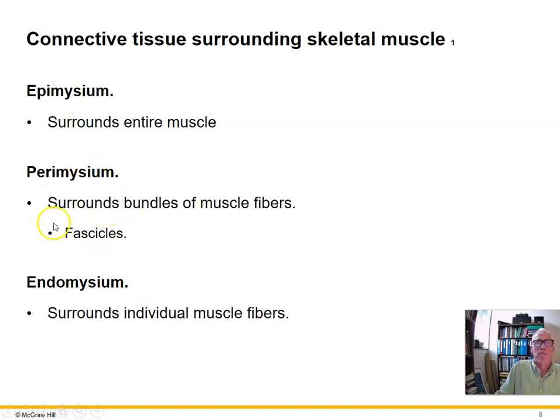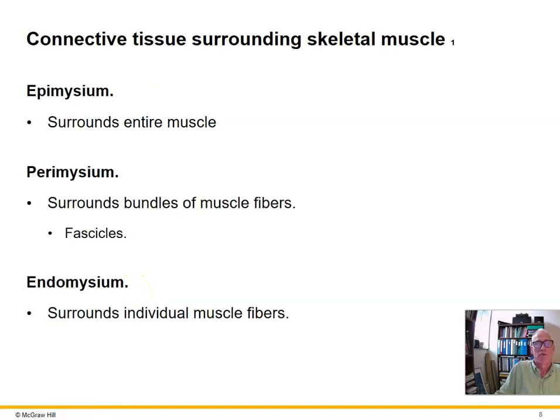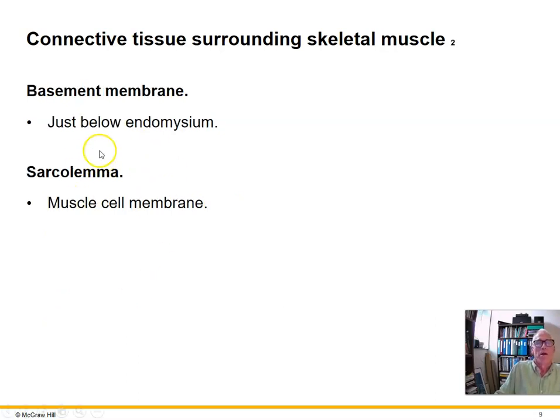Within the muscle are bundles of muscle cells called fascicles, and each fascicle or bundle is wrapped by another layer of connective tissue called the perimysium, right? Collagen fibers. And then each individual muscle cell within the fascicle has a fine connective tissue covering called the endomysium. So those are some general coverings of muscle cells, and all of those connective tissue layers are continuous with the tendon, very firm anchoring to the bone.